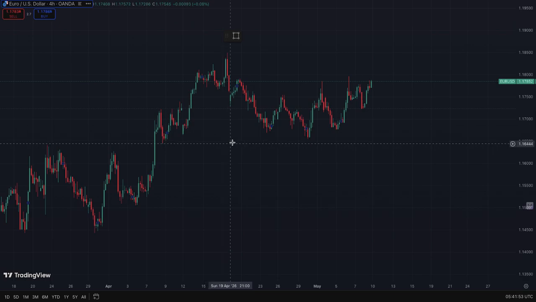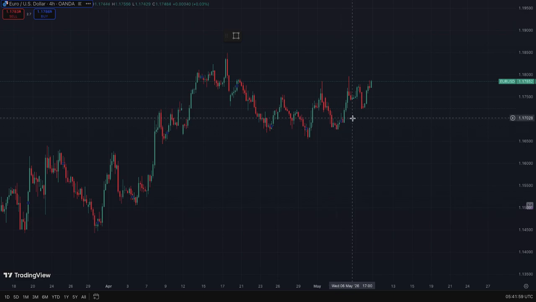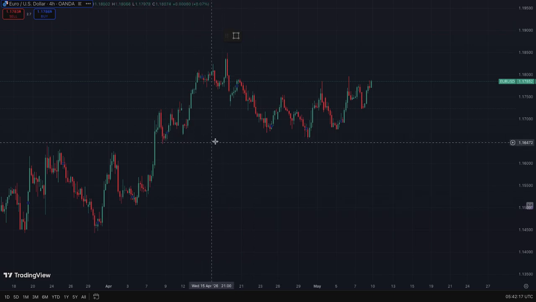Except at the break of this structure, this level here, then EURUSD turns bearish. To enter a buy here, I look for a liquidity sweep before looking for a buy. So on EURUSD, I am bullish. I would consider a short position at the break of this level here.